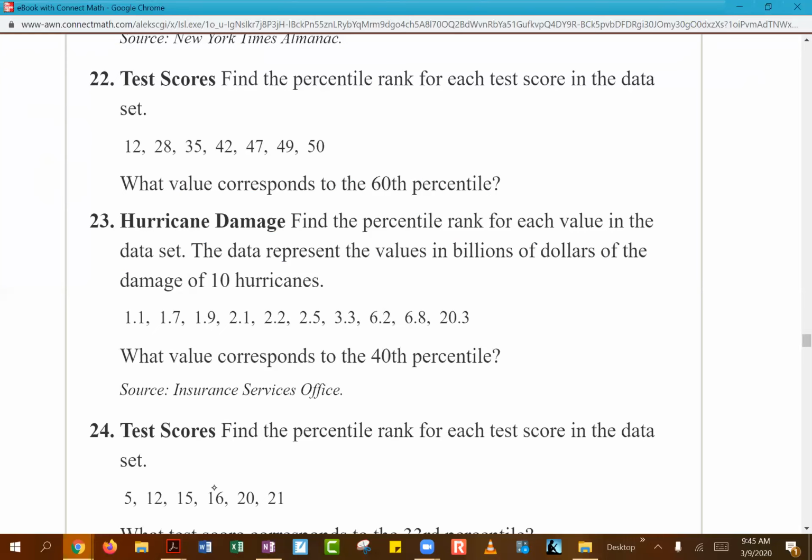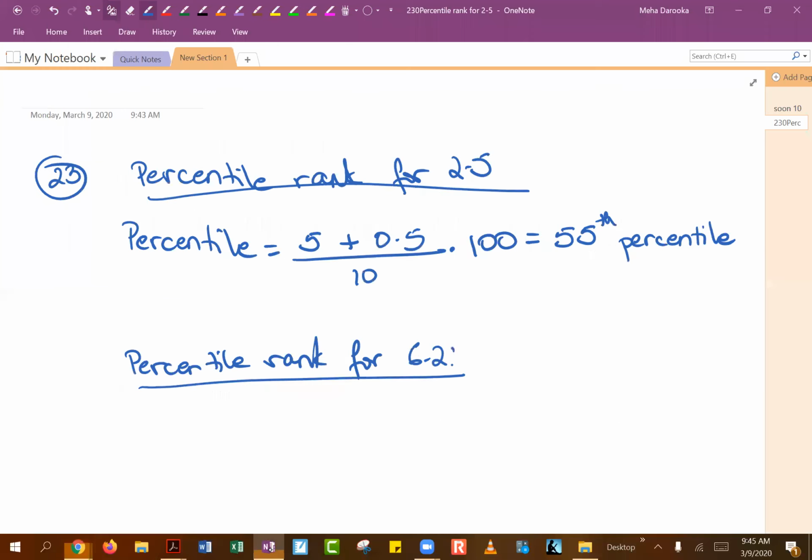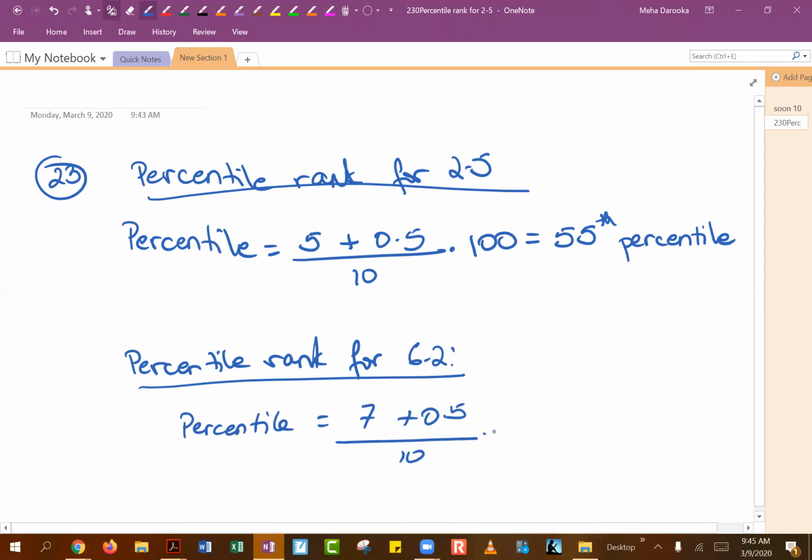You have an answer? What you got? Yeah, because there's 7 values below 6.2. You're adding the 0.5. Divide by 10, multiply by 100. And again, that's 75th percentile. Questions on that?